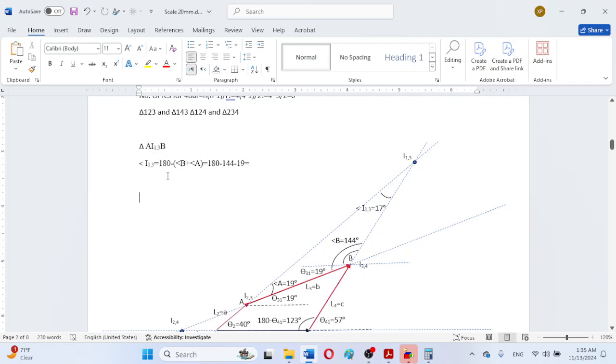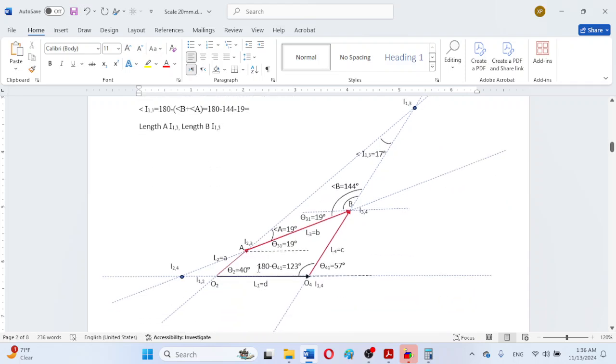So now we will be determining the side lengths, meaning we will be determining the length A I1,3, and in a similar manner we will be determining the length B I1,3. The AB length is already known because that is actually the coupler or connecting rod.